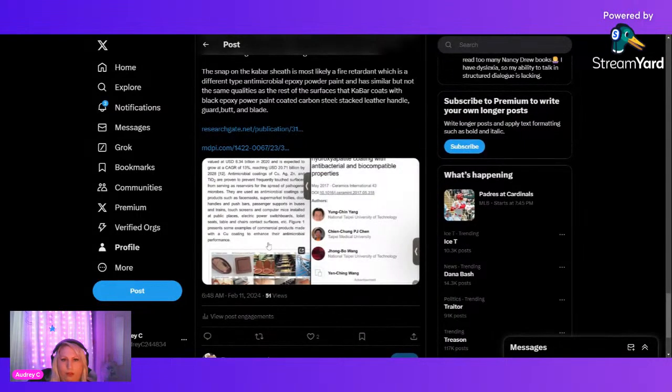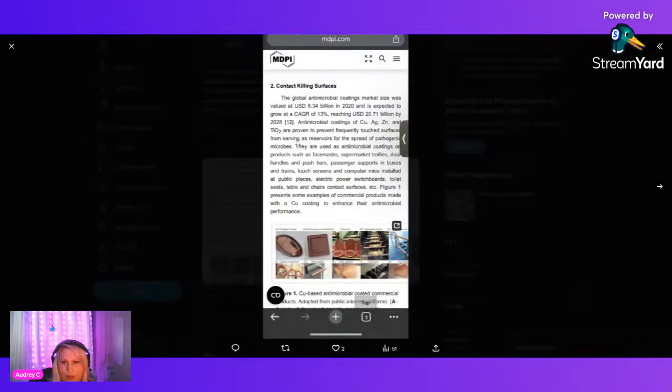Then I don't know if any of you missed this. Real quick before I go. So they're trying to make epoxy powder paints or paints antimicrobial, and manufacturers are trying to put them to prevent frequently touched surfaces from serving as reservoirs for the spread of viruses or disease.